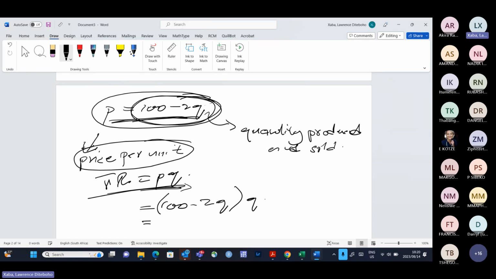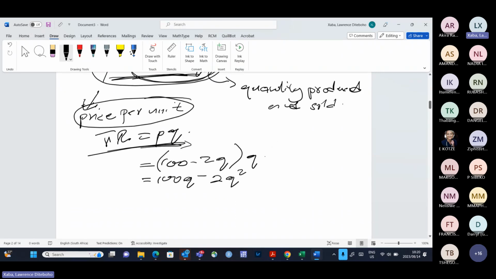Then we simplify our function. Then we have 100Q minus 2Q squared. So this is our quadratic equation. But why are we doing this?